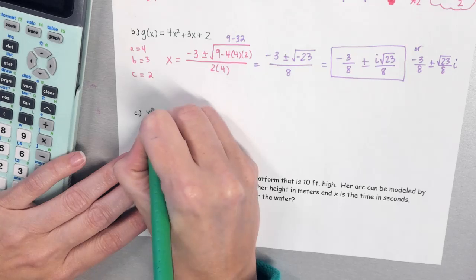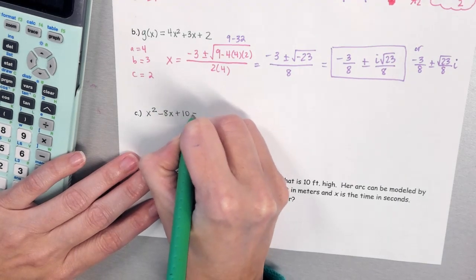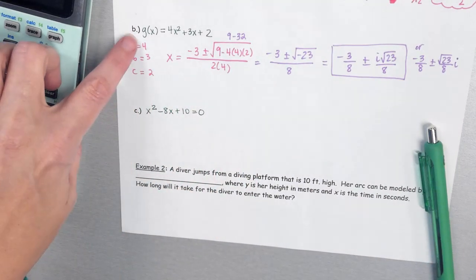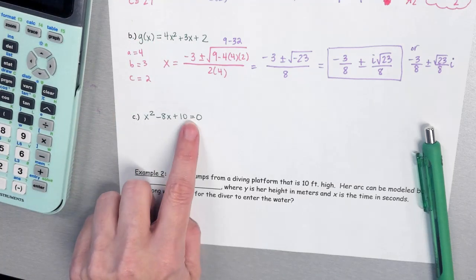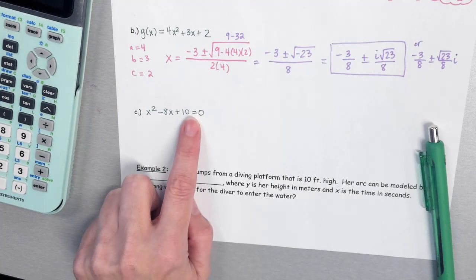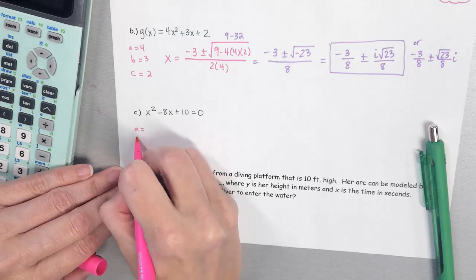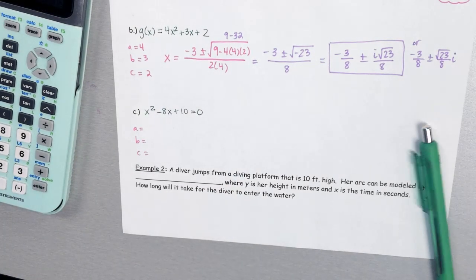All right, now this one is x squared minus 8x plus 10 equals 0. So sometimes they're going to give this to you as a polynomial. This is in function notation. Sometimes they might give it to you equal to 0. In both cases, you're going to do the same thing. You're going to find your a, b, and c, and then you're going to plug it in. So I want you to try part C on your own.